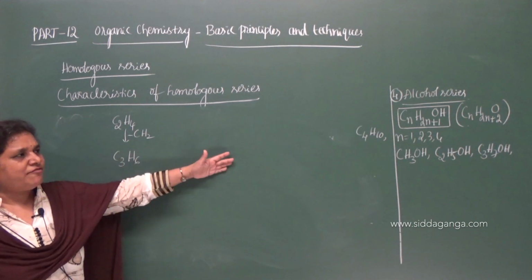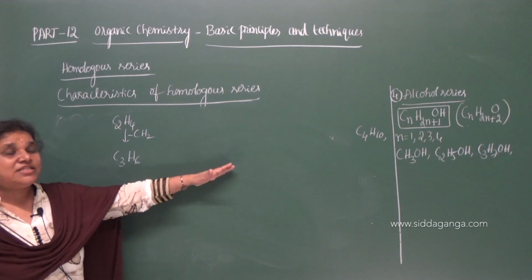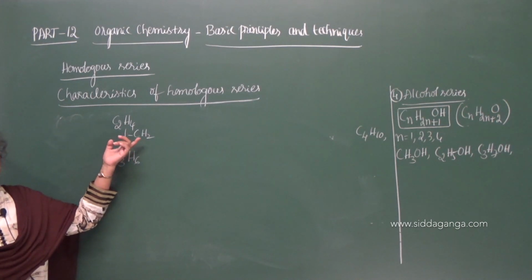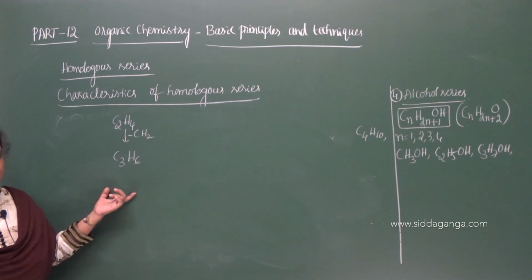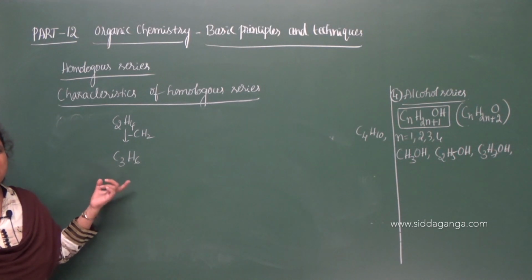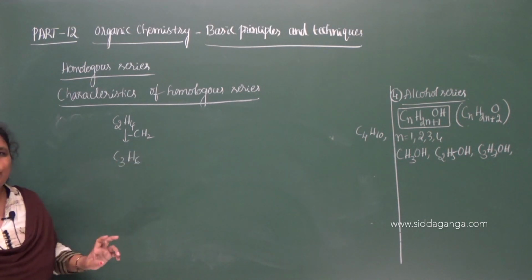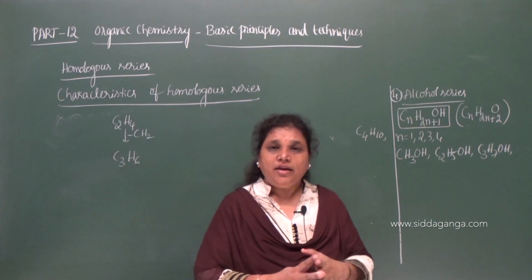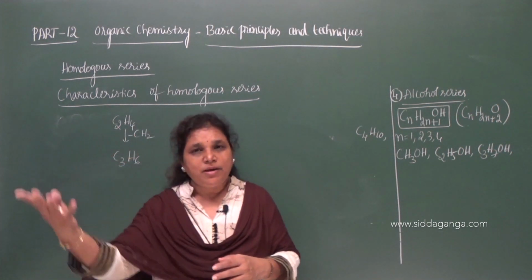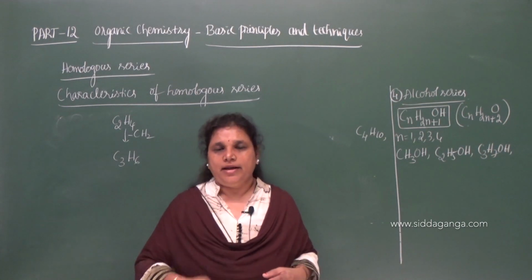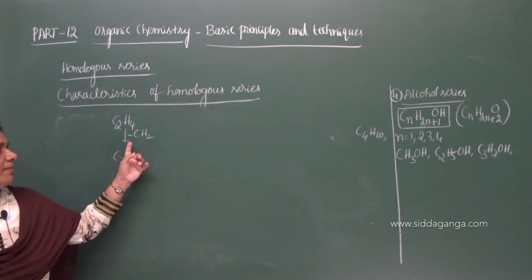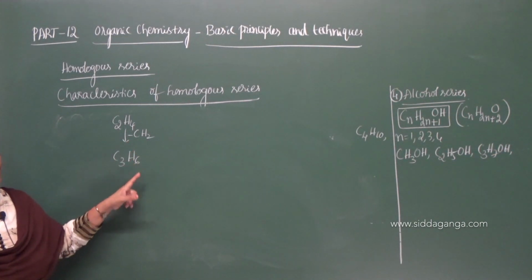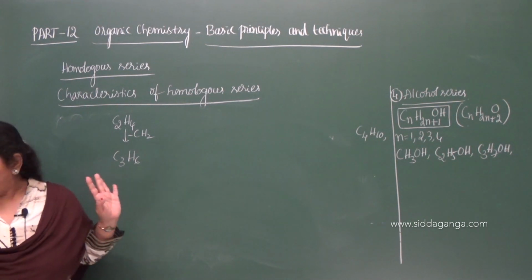By using the general formula of the respective homologous series, and the second characteristic property that every successive member in a series differs by a CH2 unit, once you know a member of a series, you can identify the next member by adding a unit of 1 carbon and 2 hydrogen atoms, a CH2 unit. The CH2 unit is nothing but a methylene group.